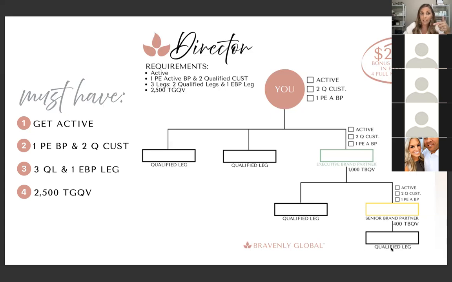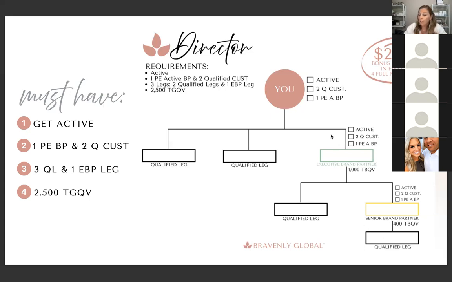What is 7 times 400? 2,400. You're only 100 away from hitting director if you just teach that simple basic concept of everybody enrolling 4 customers and hitting 400 in volume. Okay, so I know that number could look like, oh my goodness, that's a lot, but it's not when you are building through the basics with a foundation.